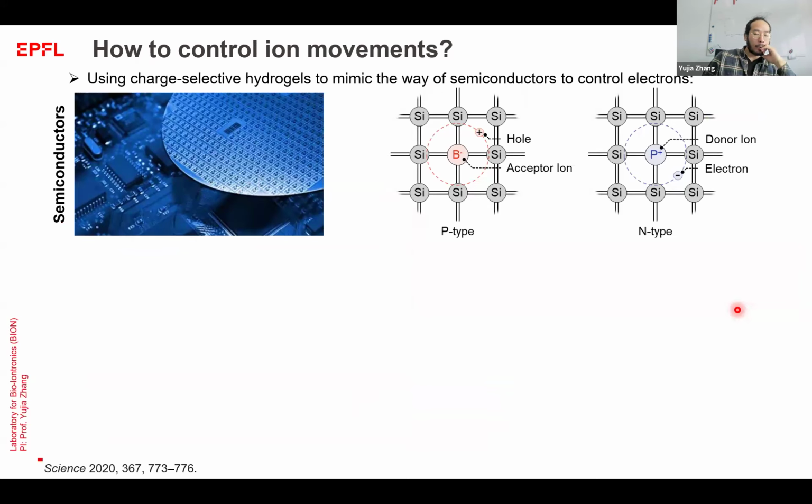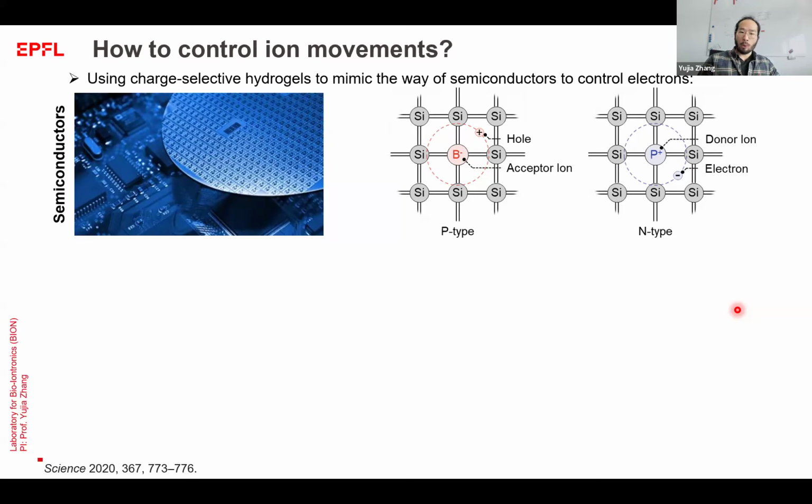And later on, we were thinking about how to control the generated ionic current. Previously, we had droplet batteries, right? So we can generate output purely by ionic flux or ion transport. The question is, how do we control the generated ion signals?